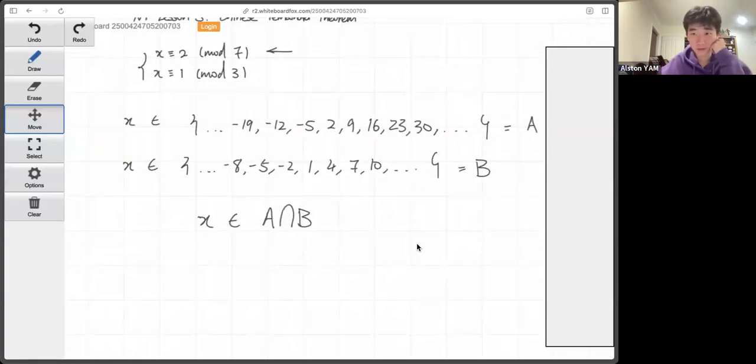Okay, so what we can actually see is that if we look at the elements in this set, they are in an arithmetic progression, right?